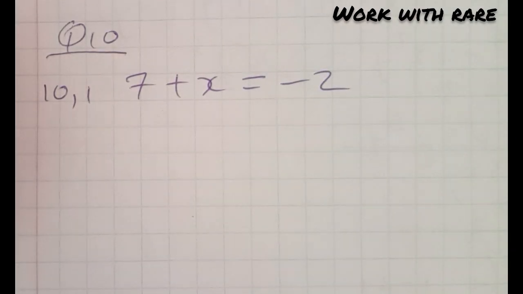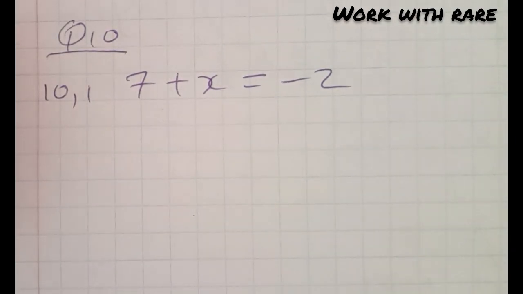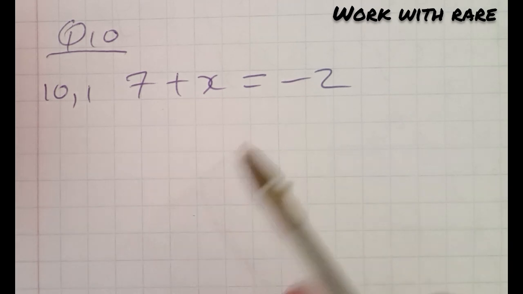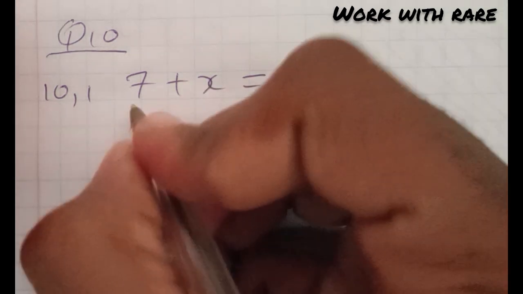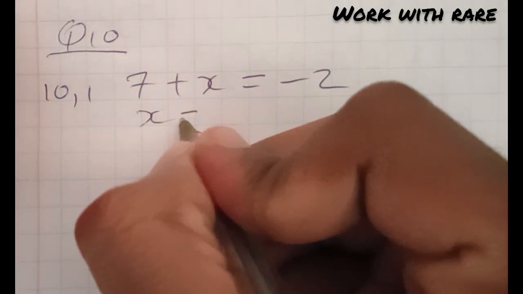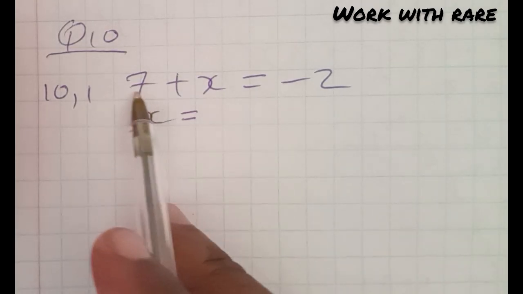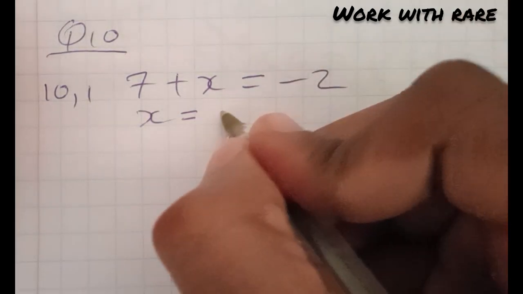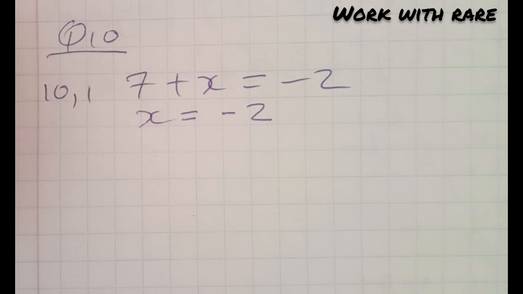Remember, when you take a number to the opposite side, it will change the sign. Now we are looking for the value of x, and our x is on the left hand side, which means I can remain with x here and take 7 to the opposite side. So here I'll have -2.